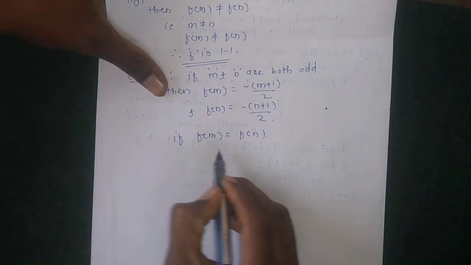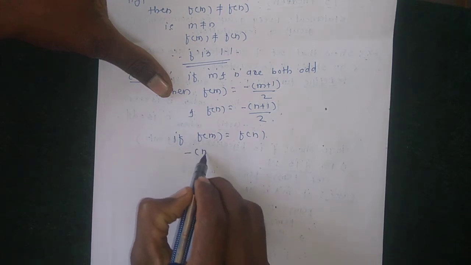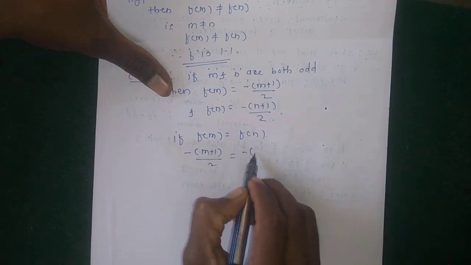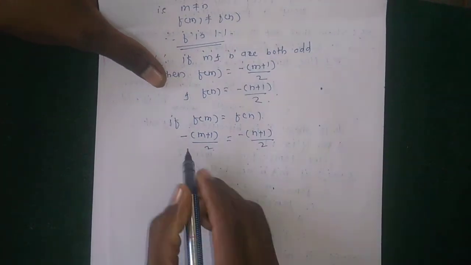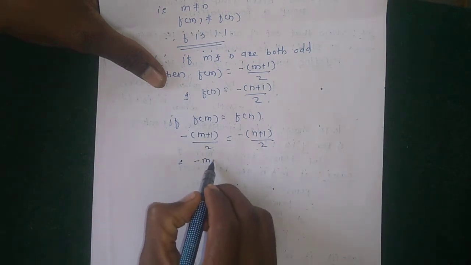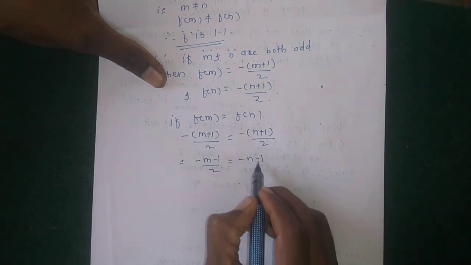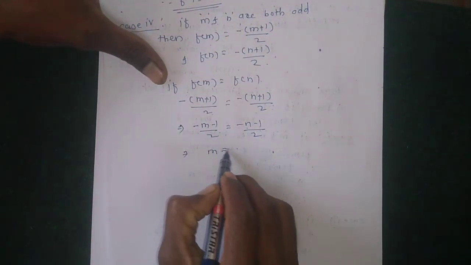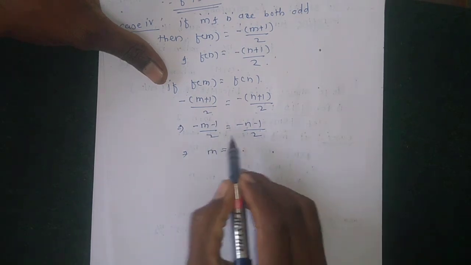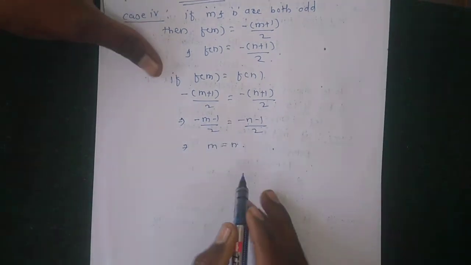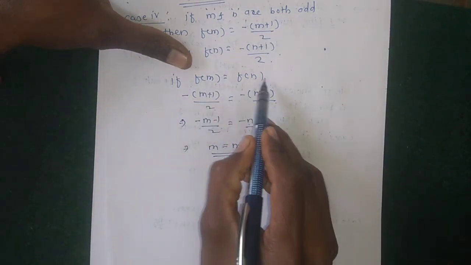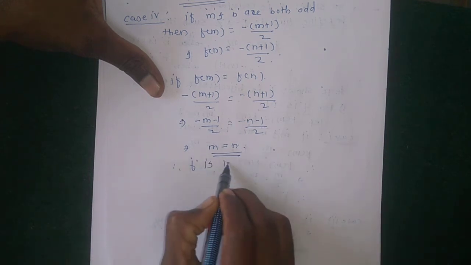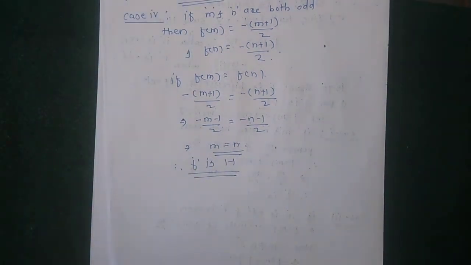Putting their values, minus m plus 1 by 2 is equal to minus n plus 1 by 2. Multiplying by minus, then m plus 1 by 2 is equal to n plus 1 by 2, and rearranging, m is equal to n, because 2 gets cancelled, minus gets cancelled, and only m is equal to n remains. So if f of m is equal to f of n then m is equal to n, and therefore by definition of one-one, f is one-one. Okay, so one condition is proved.